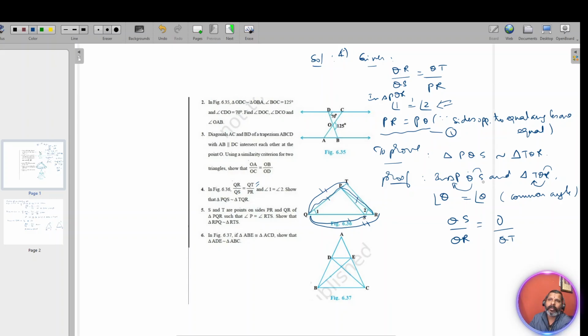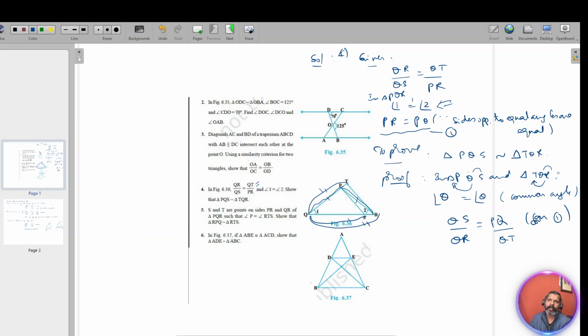QT should be equal to PQ, by the given only I'm deriving. Please don't get confused. Instead of PR, I can write PQ from 1. That is QS by QR.